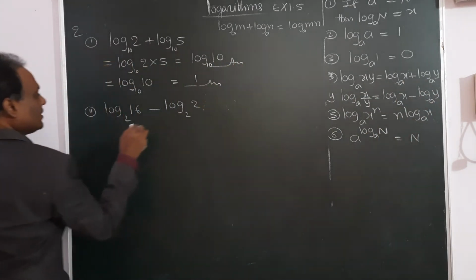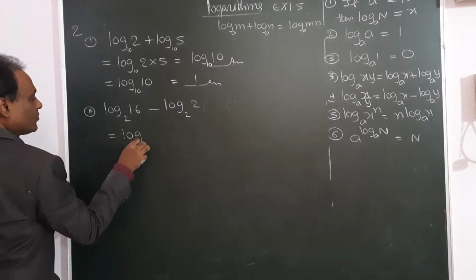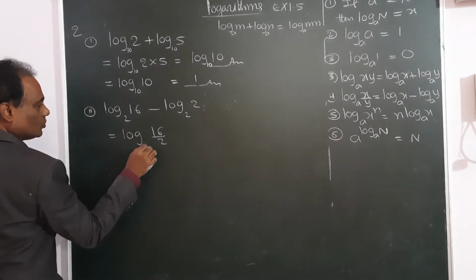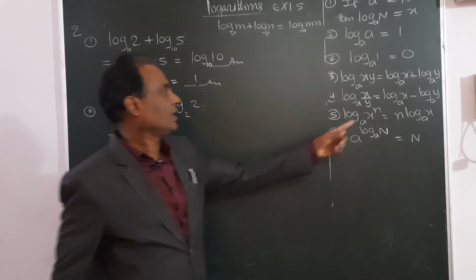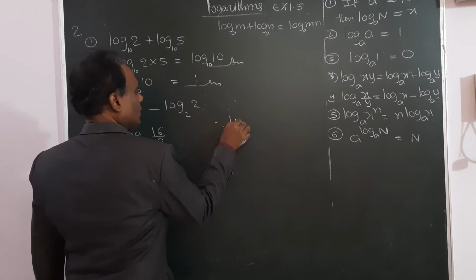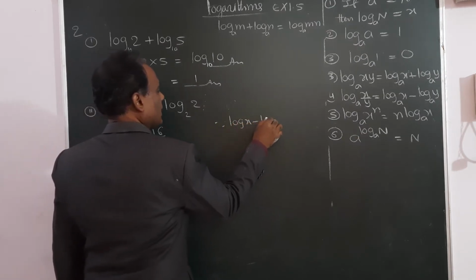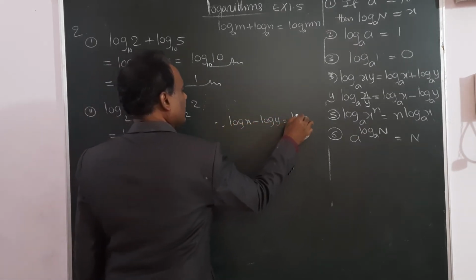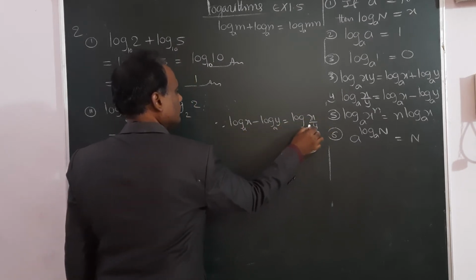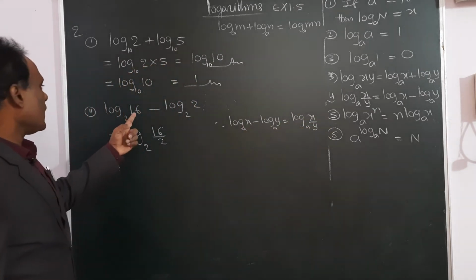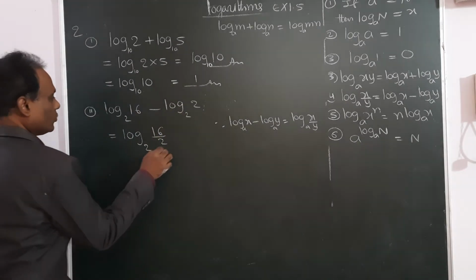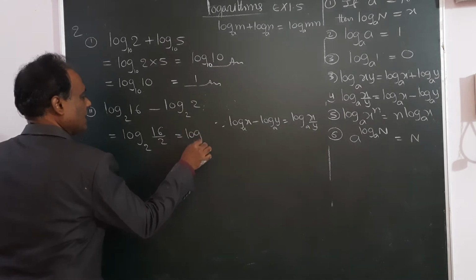Log x minus log y is log x by y, in reverse order. Log x minus log y is log x by y to any base. So log x minus log y, log x by y, 16 by 2 to base 2. 16 by 2 is 8.